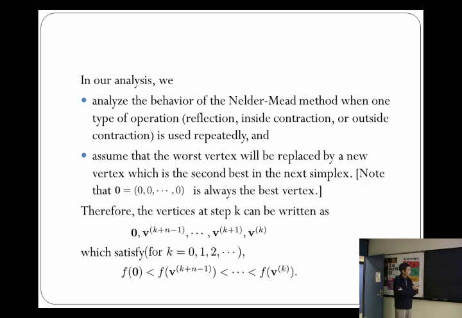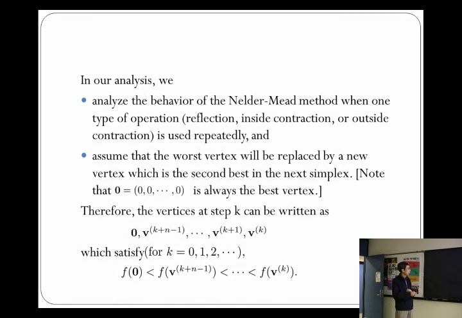So in the analysis, we study the behavior of the Nelder-Mead method when one type of operation is used repeatedly. Remember, in this situation, we have only three operations: reflection, inside contraction, outside contraction. We use one of them throughout all the iterations to do the analysis.